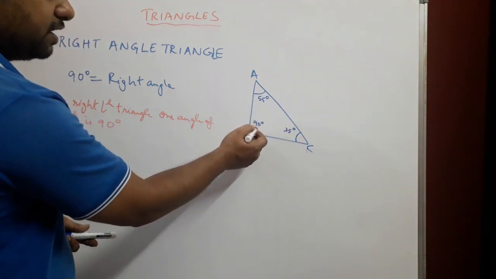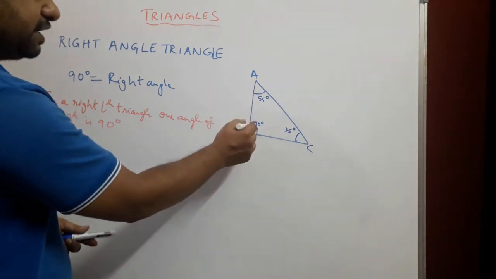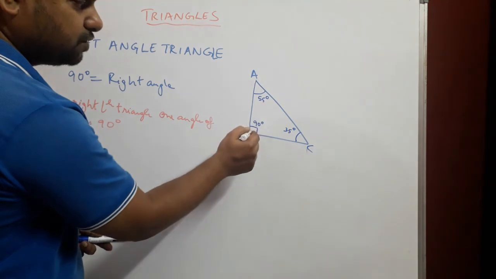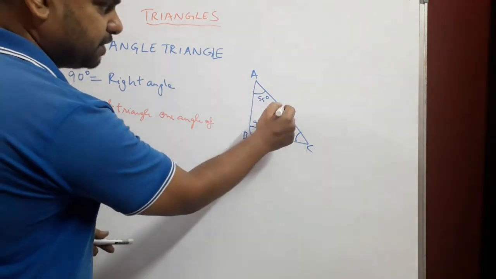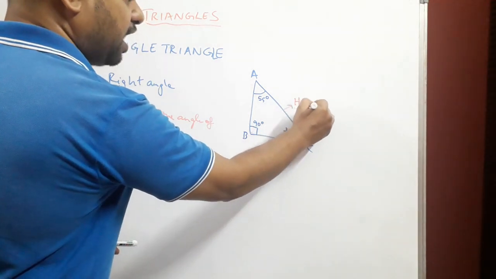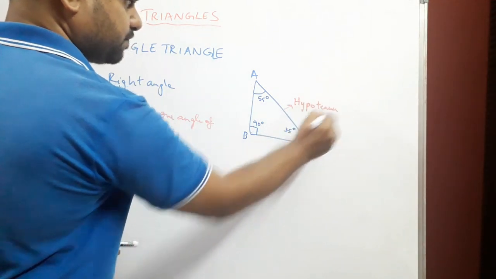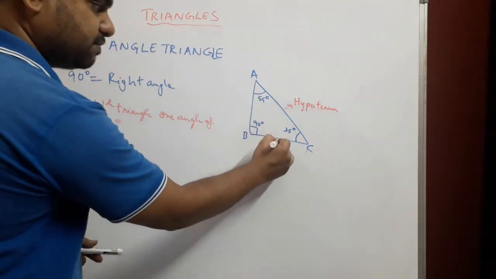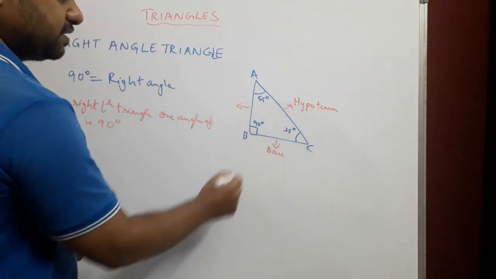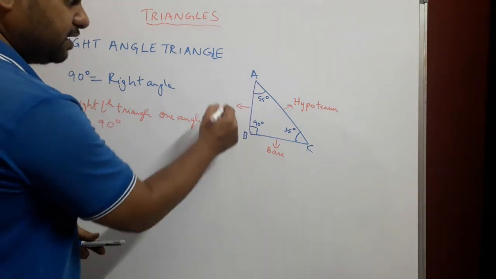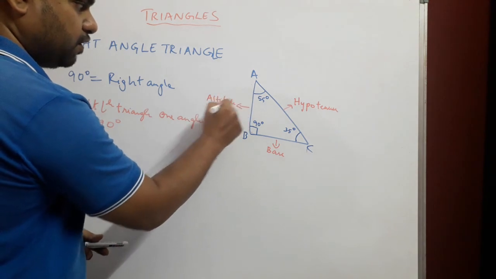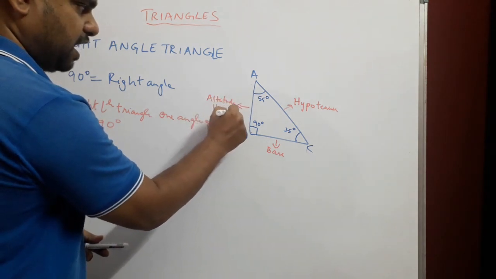The greatest angle in a right angle triangle is always 90 degrees, and the longest side is always the side that is opposite to the 90 degrees. This particular side, the longest side, is referred to as the hypotenuse. This becomes its base, and this tall thing that is standing, this becomes its altitude, or we also call it its height.